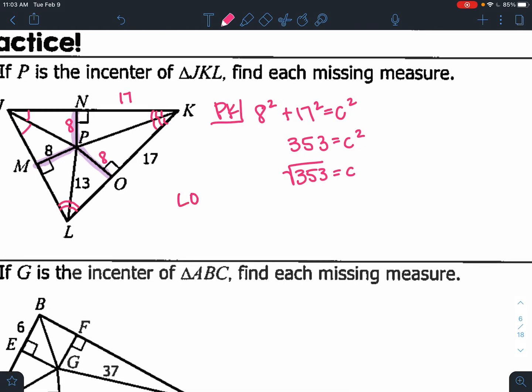So for LO, I have the 8 and the 13. The 13 is my hypotenuse. So I'm going to have 8 squared plus B squared is equal to 13 squared. And if I do 13 squared minus 8 squared, that gets me 105. So B squared is equal to 105.